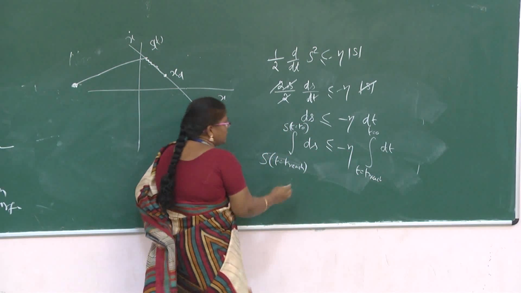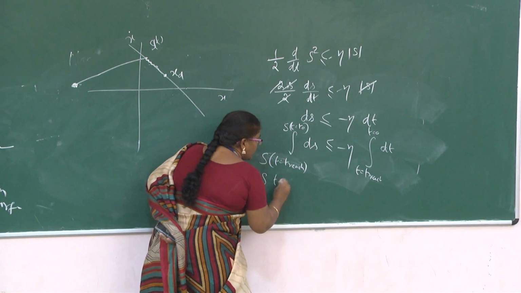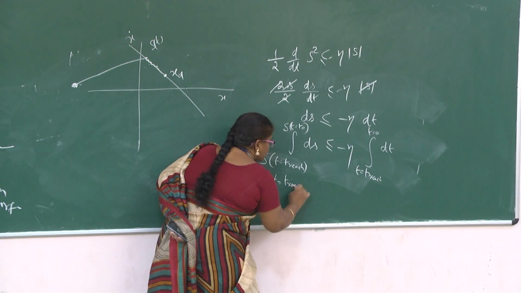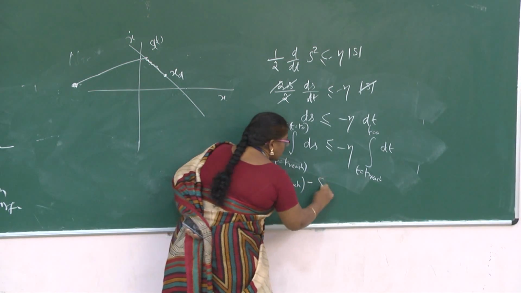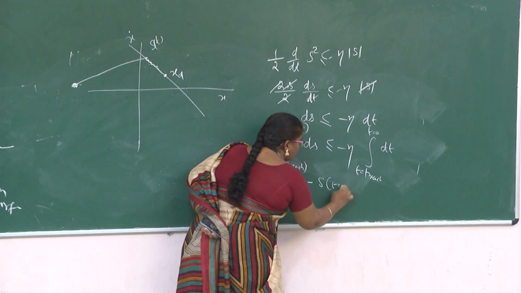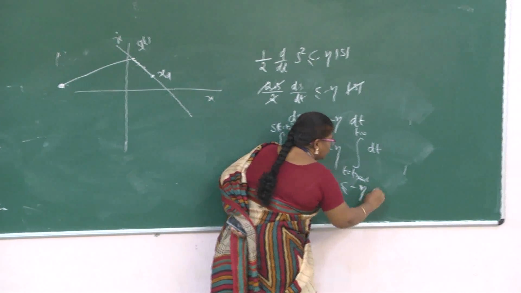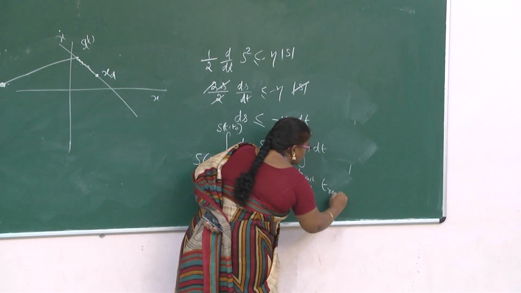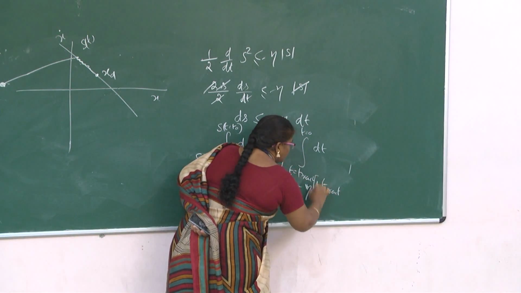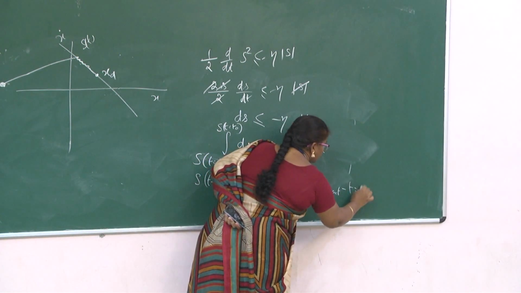And then when you solve this, it becomes s of t equal to t reach minus s of t equal to 0 less than or equal to minus eta t reach, t equal to t reach minus t equal to 0.